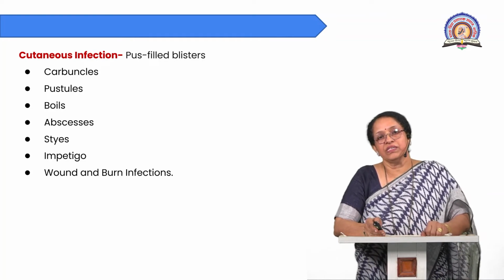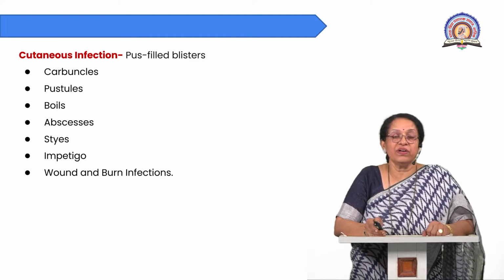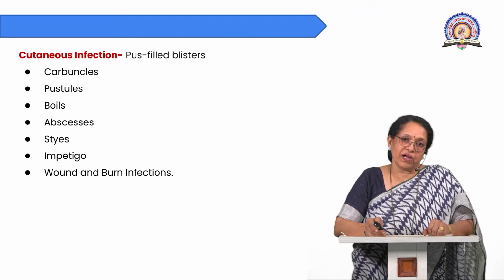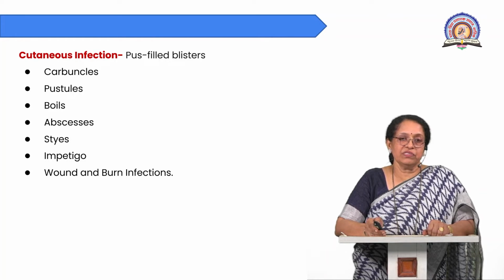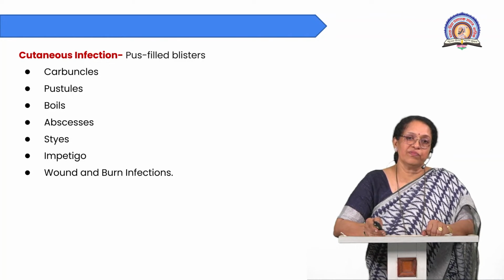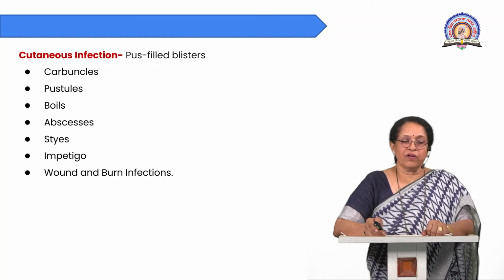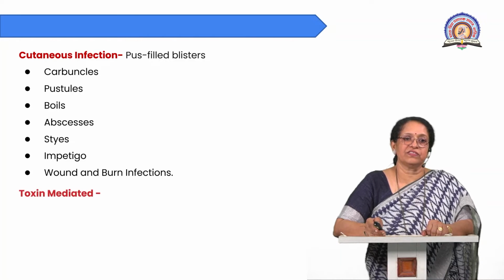This organism is highly resistant to a number of disinfectants as well as antibiotics. The severity of the disease is when this organism affects wounds as well as burns, and in burn wards there is always a major threat from this microorganism to cause infection.